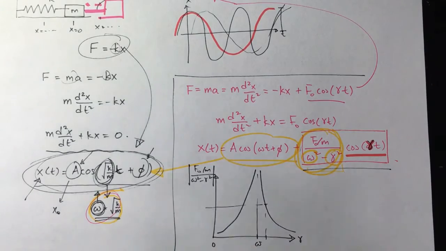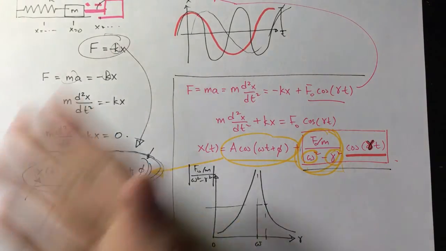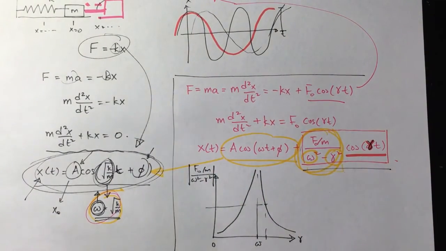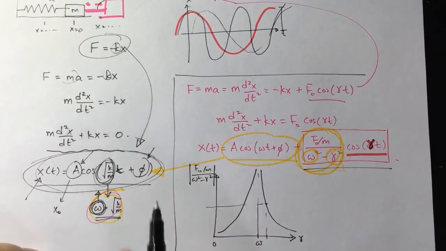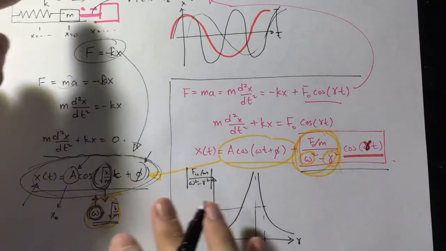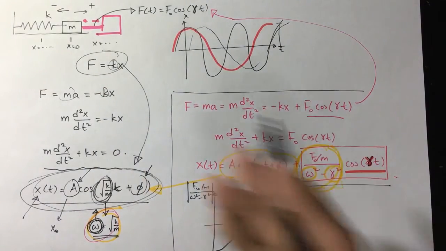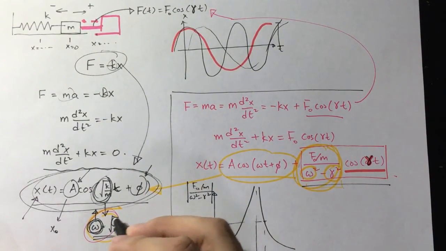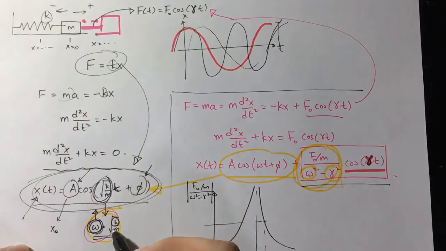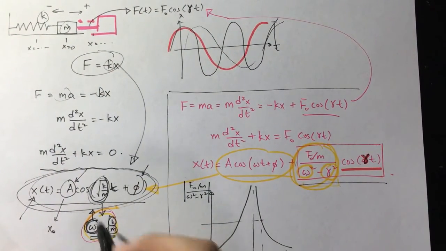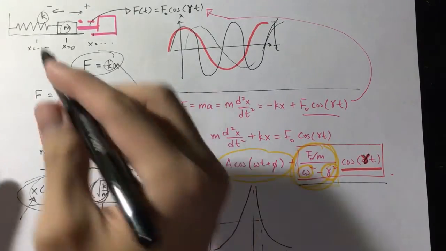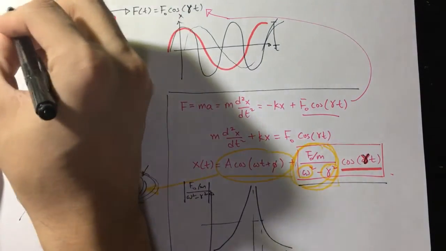And it turns out that that's an interesting fact about any oscillations. You can see here that this omega actually only depends on the system itself. It doesn't depend on what the applied force is or how hard we swing it in the beginning. It only depends on K, which is dependent on the spring, and M, which is only dependent on the mass. So this is a quantity that relates to our mass spring system.